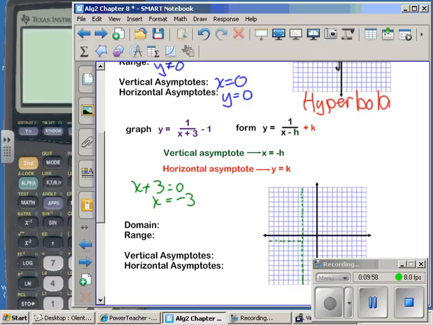Okay. I've got these. So there are my asymptotes. All I have to do then is draw in my hyperbola. Okay, what's the domain of this function?